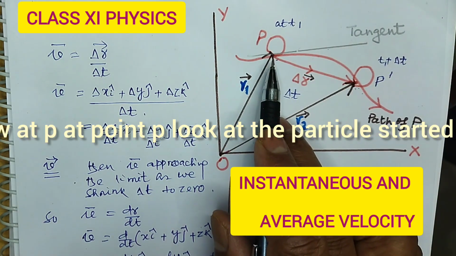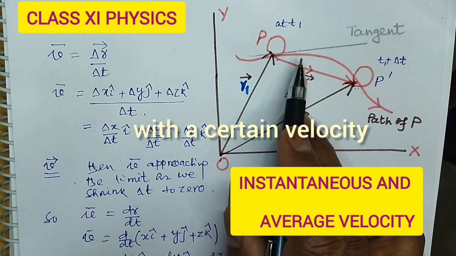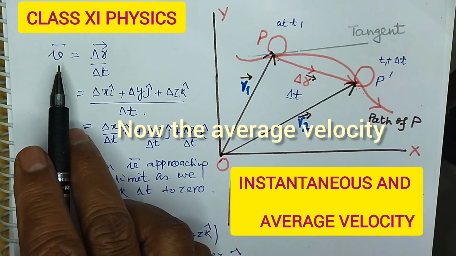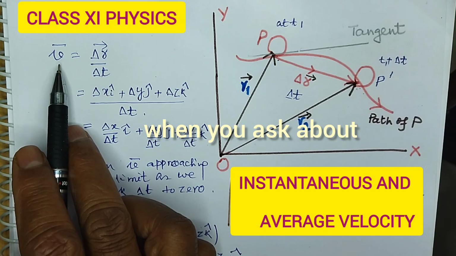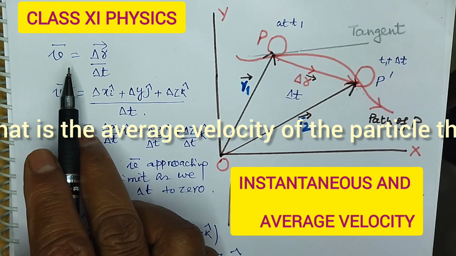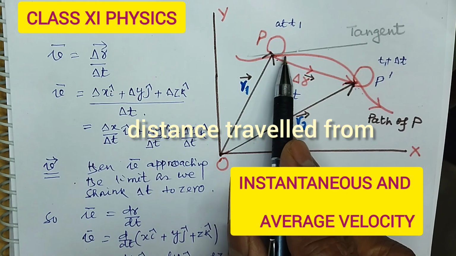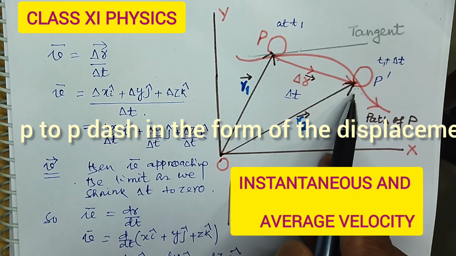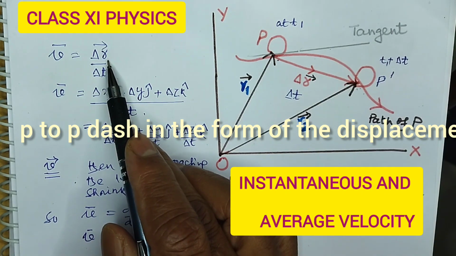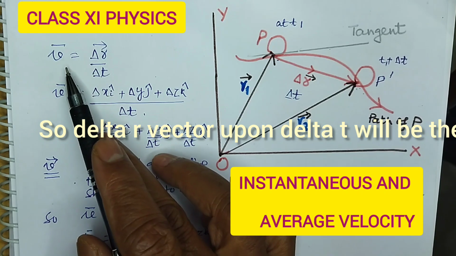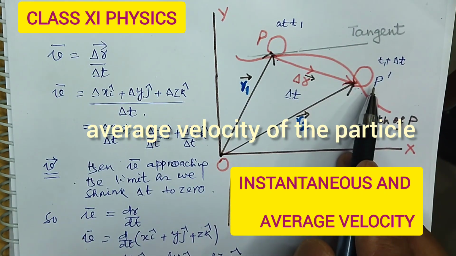Now at point P, the particle started moving with a certain velocity. When you ask what is the average velocity of the particle, then the distance traveled from P to P dash in the form of the displacement, delta R vector upon delta T, will be the average velocity of the particle.